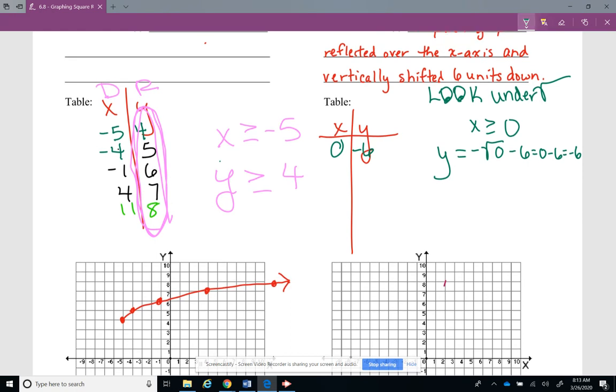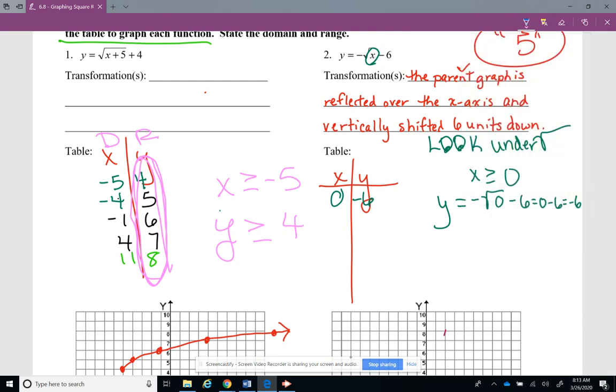All right, go back to your domain. We said that x has to be greater than or equal to 0. So I'm going to use 1. So y equals negative radical 1 minus 6. The square root of 1 is 1, but you have to put that negative in front. So negative 1 minus 6, that's negative 7.